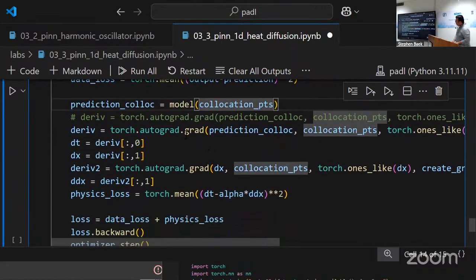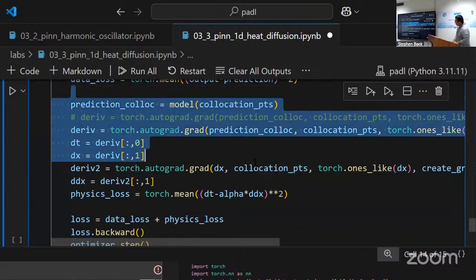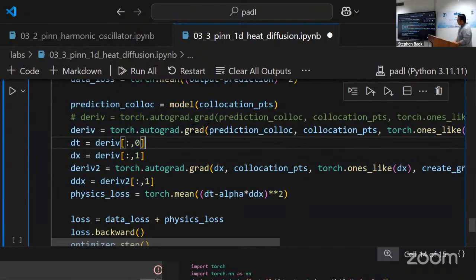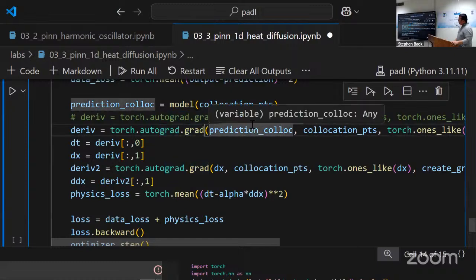Now, the slightly confusing part is the definition of the physics loss, because now we're dealing with 2 variables, t and x, as well as a second derivative. But once you understand the principle here, and since we already saw the syntax for the PyTorch autograd, for the first order derivative, we have the prediction on the collocation points.